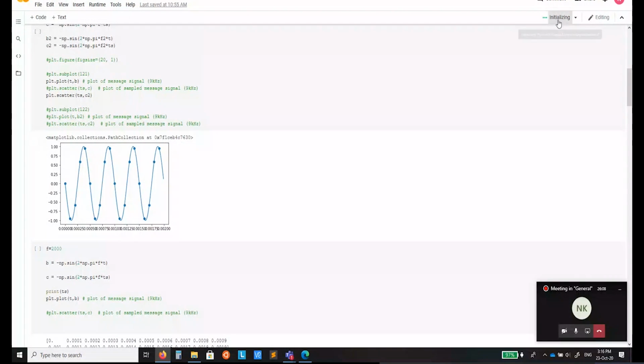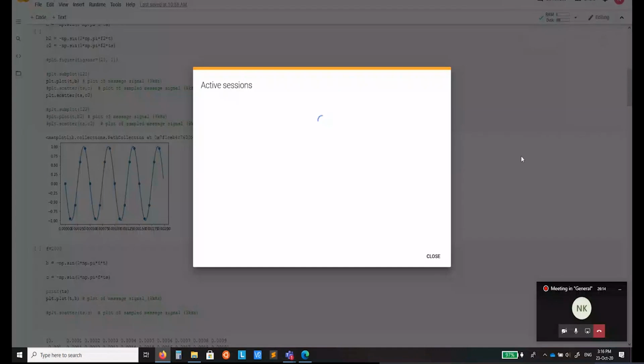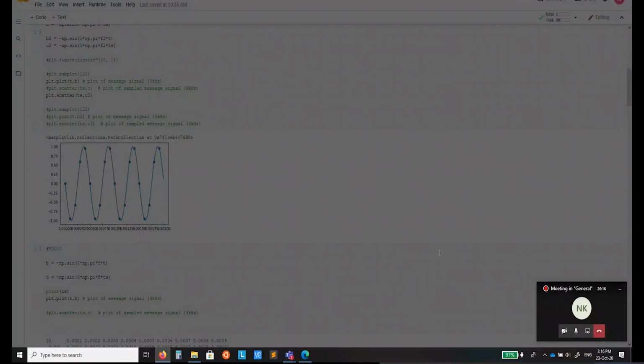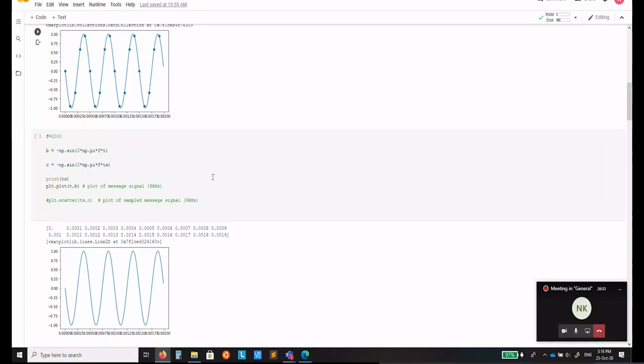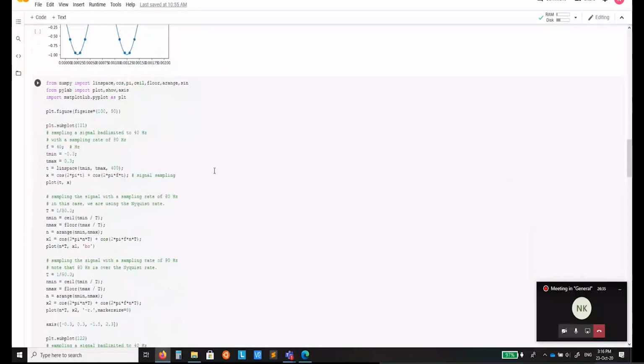Okay, connected to Google. So now what I have is 12 gigabytes of RAM and 100 gigabytes of storage PC for free.